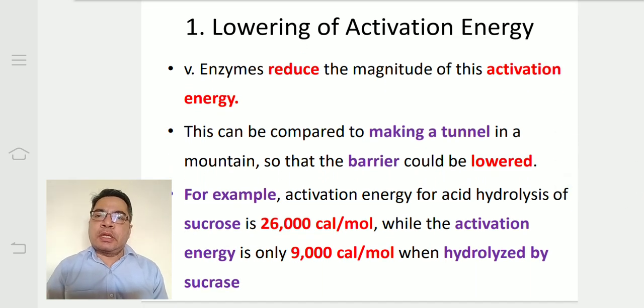Enzymes reduce the magnitude of this activation energy. This can be compared to making a tunnel in a mountain so that the barrier could be lowered. For example, the activation energy for acid hydrolysis of sucrose is 26,000 calories per mole, while the activation energy is only 9000 calories per mole when hydrolyzed by sucrase.